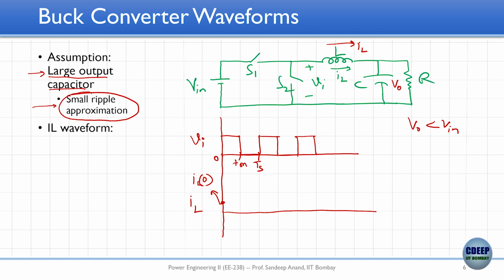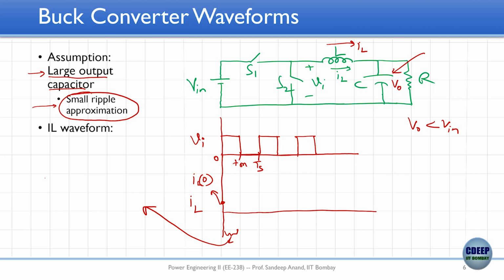It's not mandatory to do that, but that simplifies the basic operation understanding. So if I assume that my capacitor is large enough, that means I am assuming that the output voltage is almost constant. So in this region going from 0 to T on, I can assume that my output voltage is almost constant.